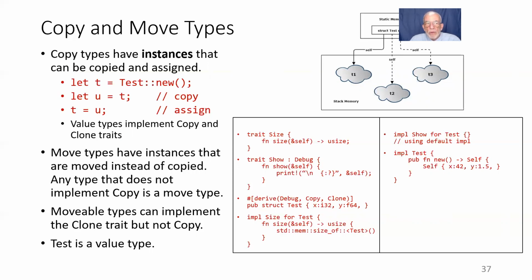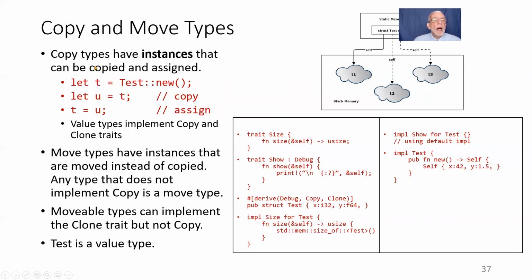Types that satisfy the Copy trait are implicitly copied by compiler code. When I say let t = Test::new, it is copyable only because it's blittable. If I held a string, I couldn't do this because the string isn't blittable. But I've got all blittable elements here, all things that are just in one contiguous block of memory.